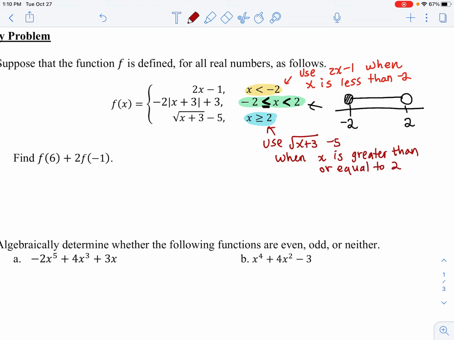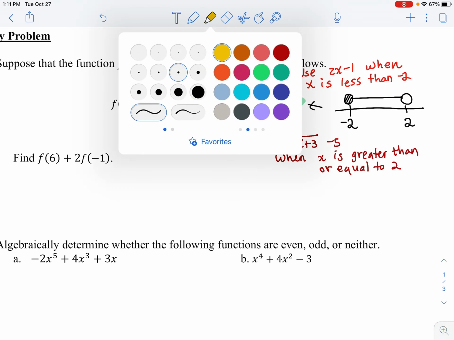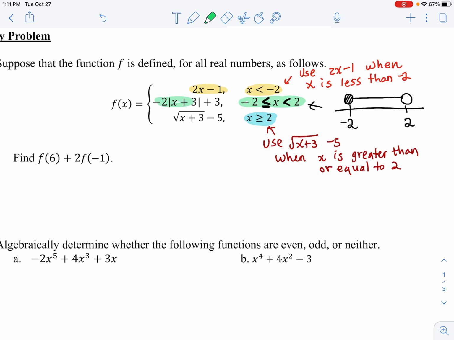I know that you know how to read these inequalities, but based on what x value we are trying to evaluate, we have to decide whether to go with the top one, the middle one that has absolute value, or the last one that involves square root.